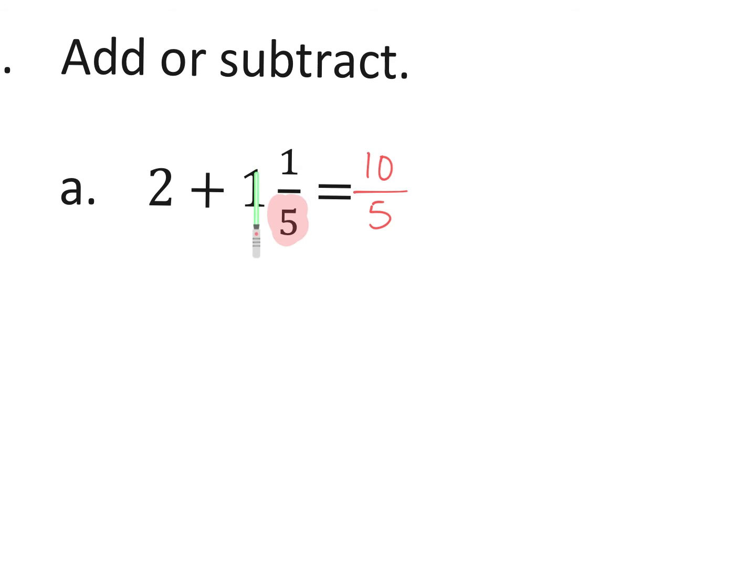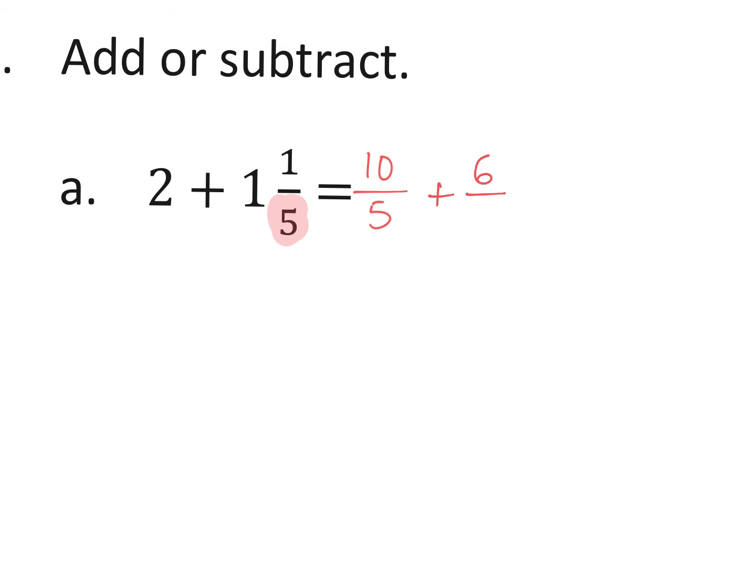Now we have to get this mixed number into an improper fraction. What is 1 times 5? Well, 1 times 5 is 5, and then we add that 5 to this number right here, which is 5 plus 1 equals 6.